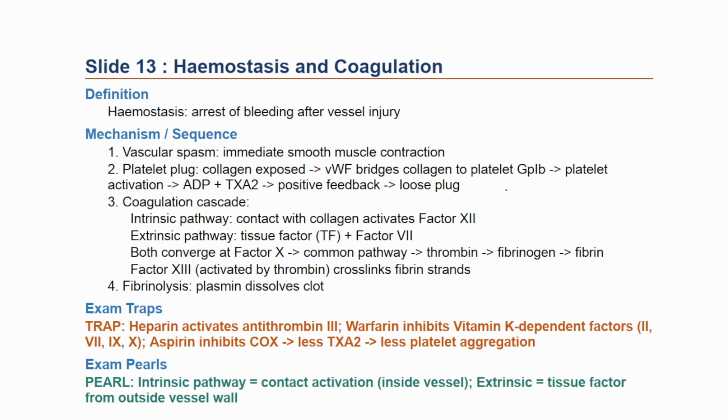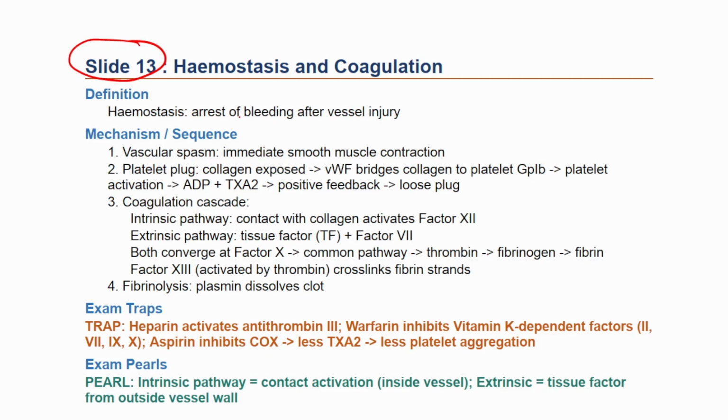Now that we have mapped out these mechanical reflexes, cellular bridges, and multi-pathway enzymatic cascades from first principles, let us transition directly to our text and anchor these concepts to the exact sequences and high-yield traps outlined on slide 13.